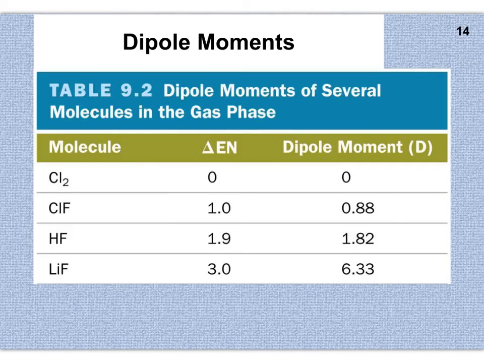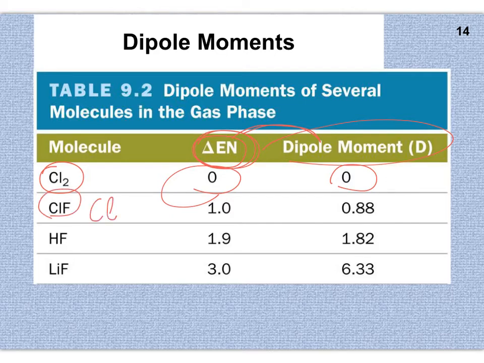Let's just look at some dipole moments, and you'll notice, hopefully, that there's a direct correlation between the difference in electronegativity of two atoms and the dipole moment of the bond. Here's diatomic chlorine. Difference in electronegativity is 0. Dipole moment is 0. Absolutely no trace of polarity. Chlorine fluoride, they have similar electronegativities.